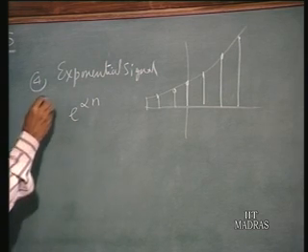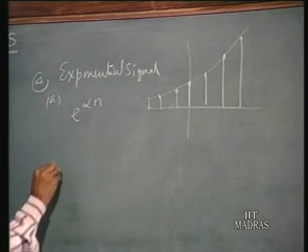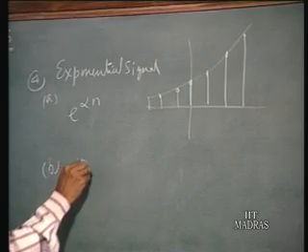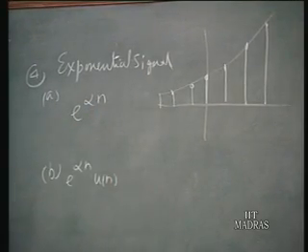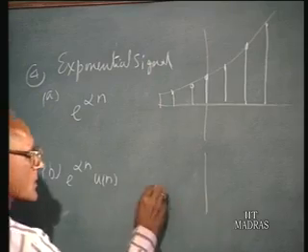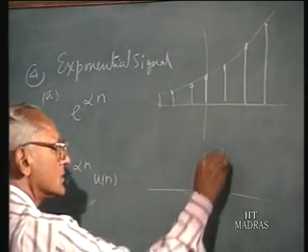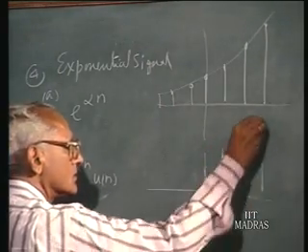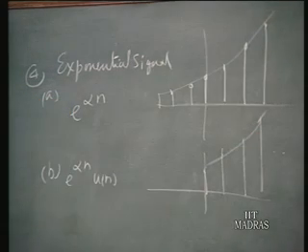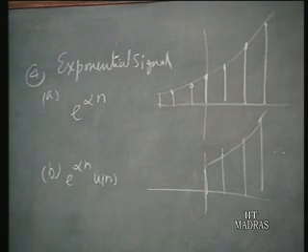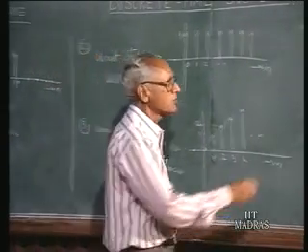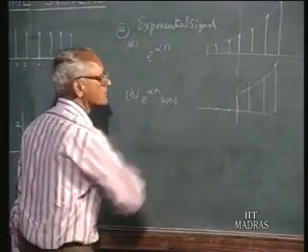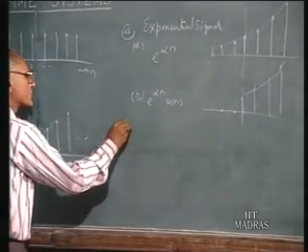Now on the other hand, if I have e to the power of alpha n times u of n, that means this is multiplied by a unit step, that means all the samples are cut off and you are having only this portion. That is obvious. If you multiply e to the power of alpha n by u n, that means the samples for negative values of n are just removed. They will be equal to 0, of course. Similarly, you can have a sinusoid.